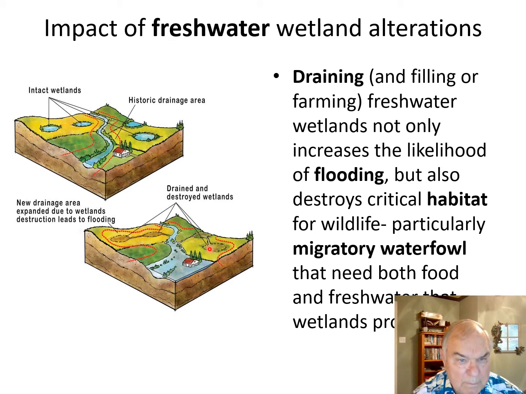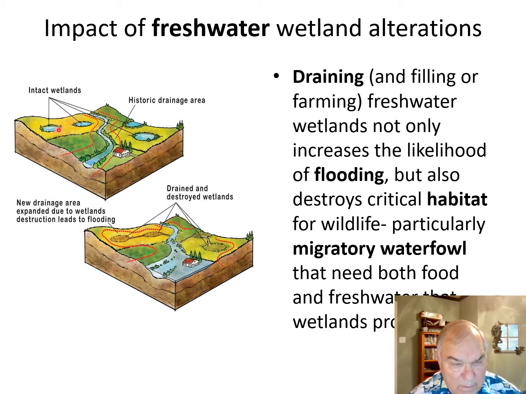more machinery. Basically, you can see what happens: historically, this red line area defined the drainage into this particular river. As these wetlands were filled, they no longer added capacity for any particular rainfall event.